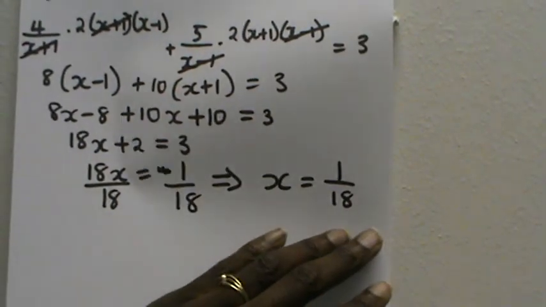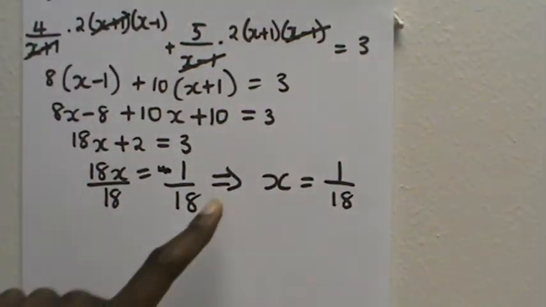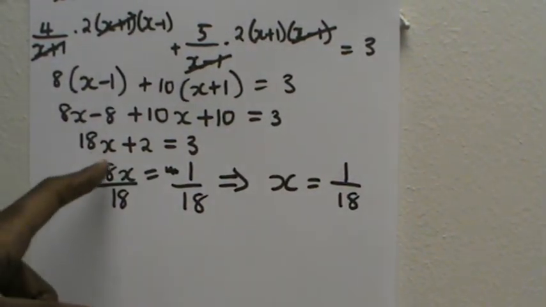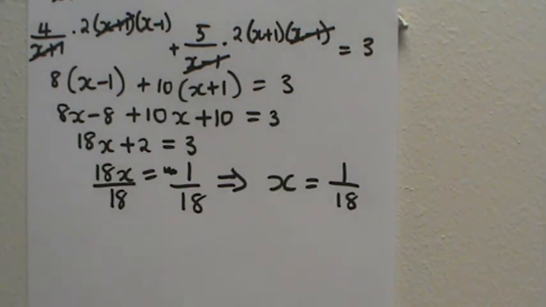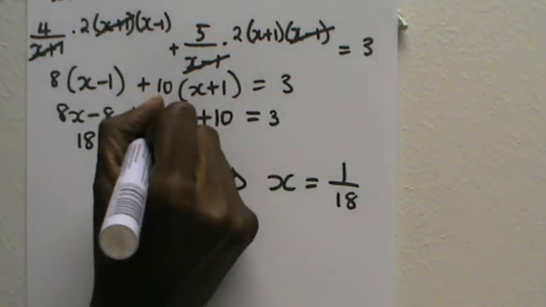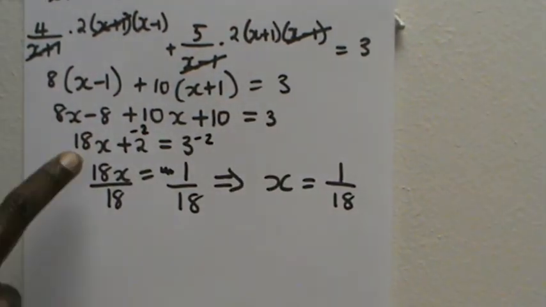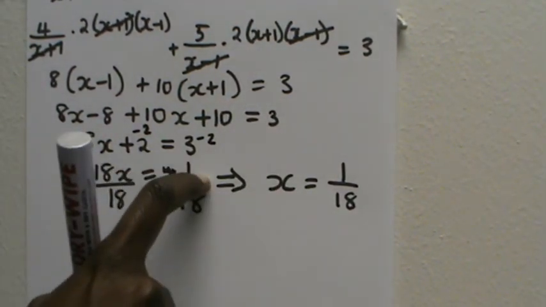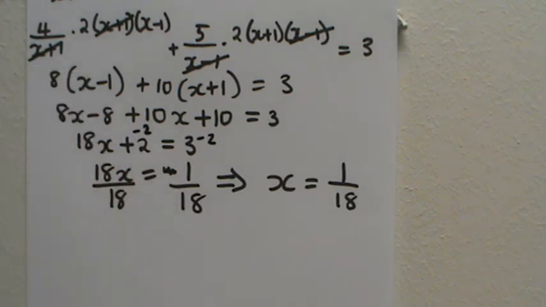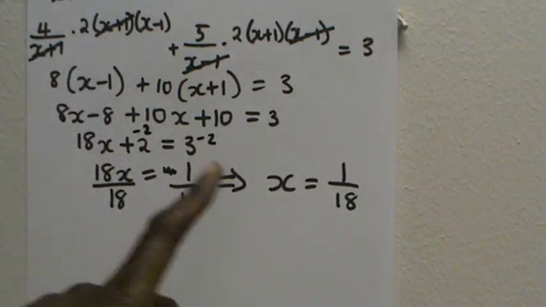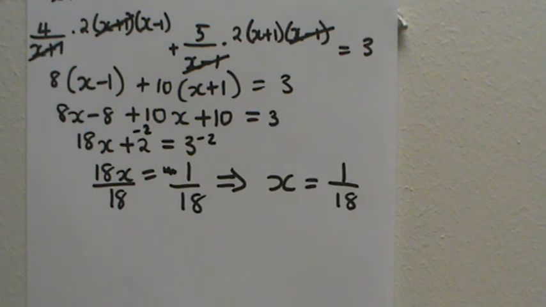There it is. x is equal to 1 over 18. So first this 2 goes to the other side. So I say minus 2, if you can see this, and then minus 2. And I'm left with 18x is equal to 1. Then I divide by 18 on both sides. That's where I get x is equal to 1 over 18.